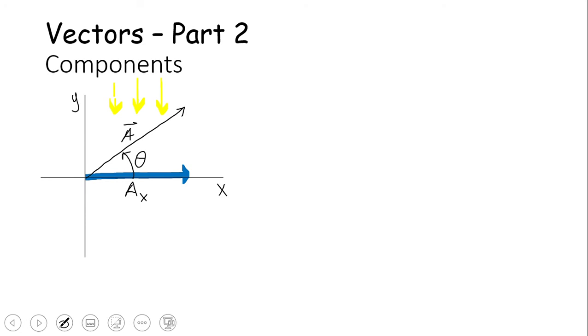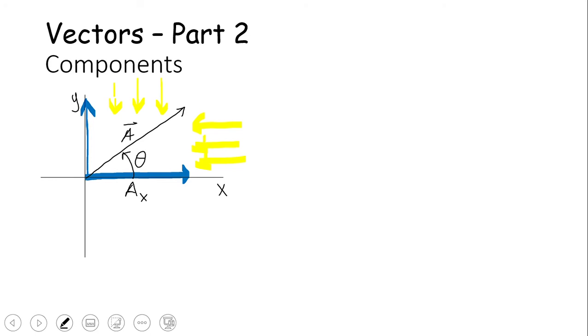Now let's imagine we do the same thing on the y-axis. We shine a light now towards the y-axis, and that will be partially blocked also by the vector a, casting a shadow on the y-axis like this.